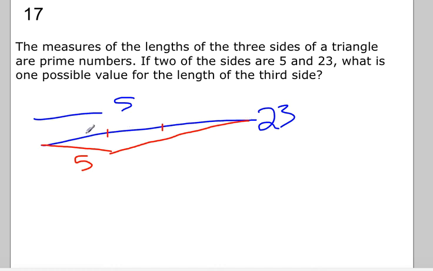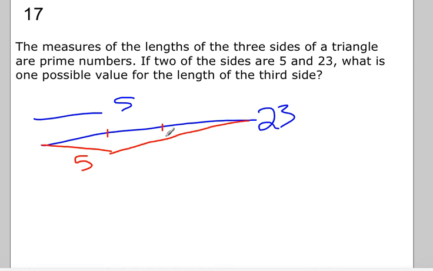So if this is 5 right here, it needs to be 18 just so that, if you layered it right on top of this one, it would at least get to 23, but you wouldn't have any room to create an angle. So this distance right here has to be bigger than 18, right? Because 5 and 18 would at least get you to the 23 without an angle.